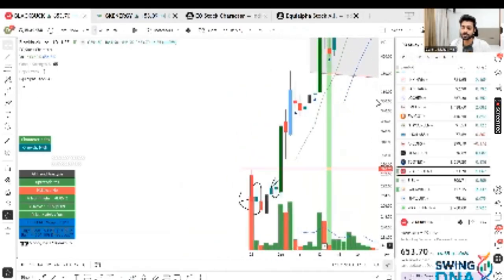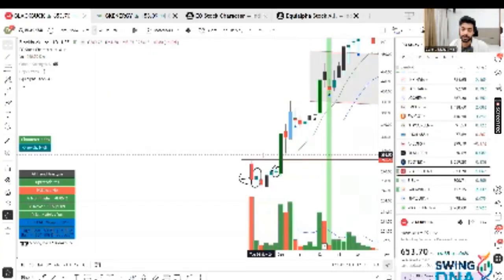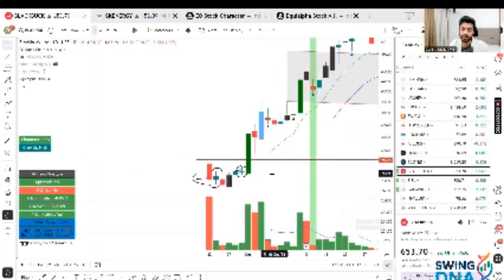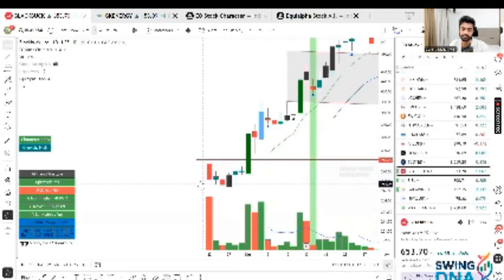So one example that you can add to Vari, IREDA, those kinds of 4th, 5th examples in the last 2-3 years. Again, this working has a lot to do with what happened in the initial 4-5 days, and very little wick up there. But I would still not trade them.